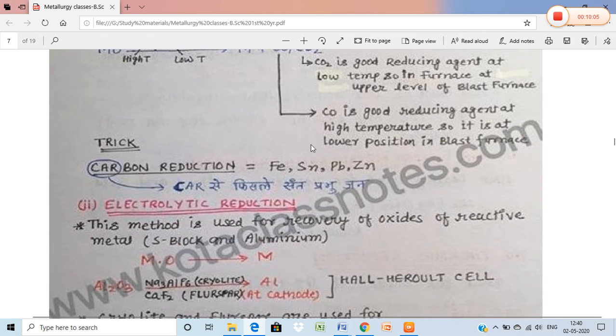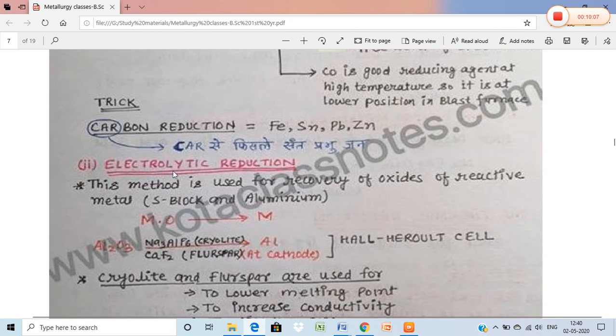So these are some of the tricks which you can follow. Electrolytic reduction is mainly done for the recovery of reactive metals such as the s-block metals and aluminium. For the electrolytic reduction of aluminium, we know that the oxide is electrolyzed to get the aluminium, which we get in the impure form here.